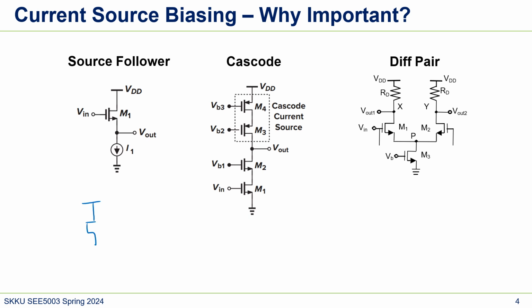The very basic form was this. There was a resistor and V out. But this is better, because to make an amplifier, we need to set the DC current, and also we need to set the small signal gain.